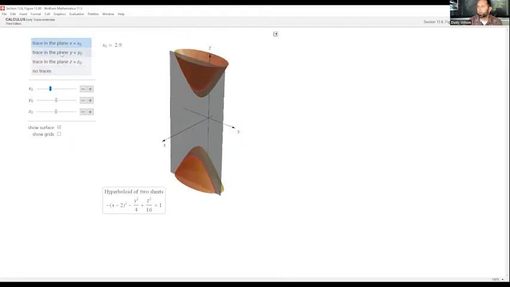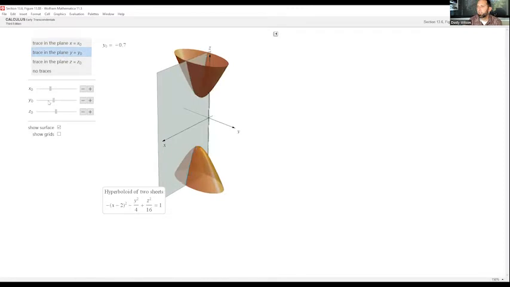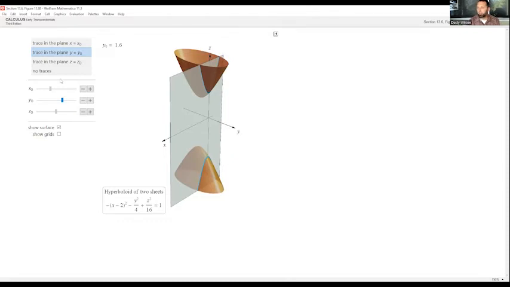We cut it the other direction. Again, you'll see the hyperbolas showing up. Remember, a hyperbola is sort of like a parabola aiming one direction and then another parabola aiming the opposite direction, kind of across from it.